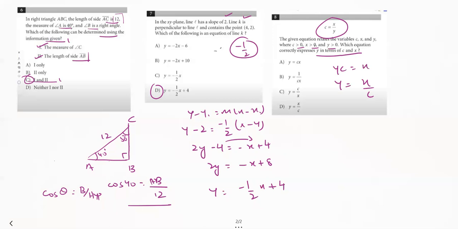Y is equal to x upon c, this one. We have just made y the subject of the formula, that's it.